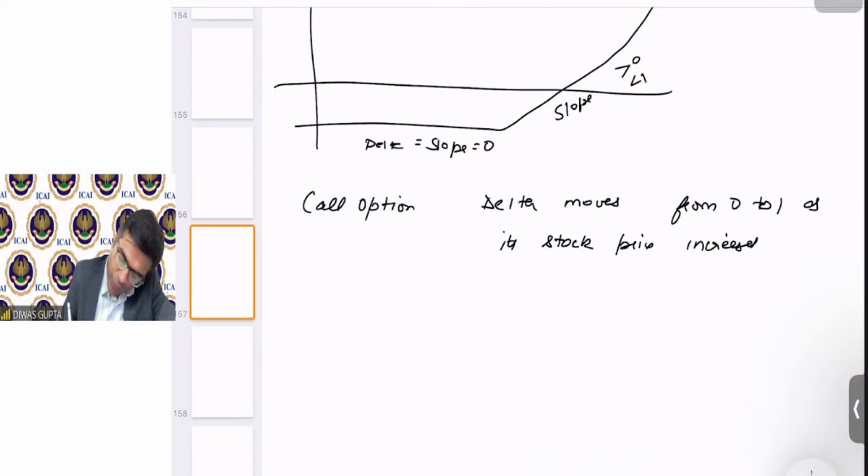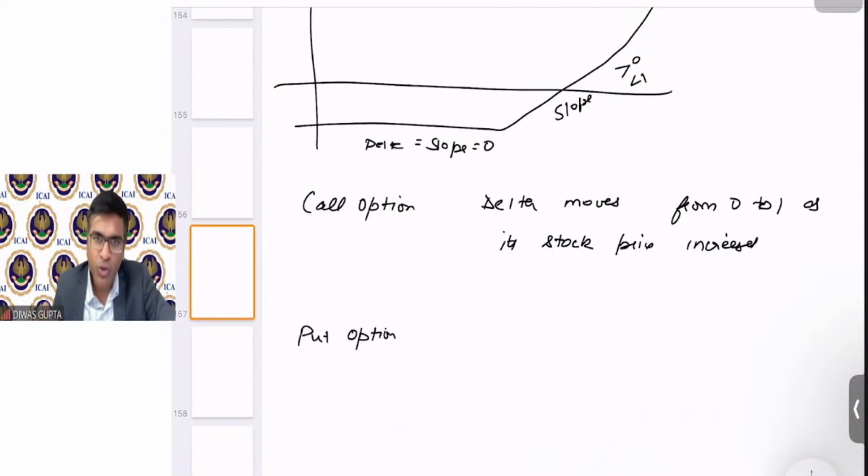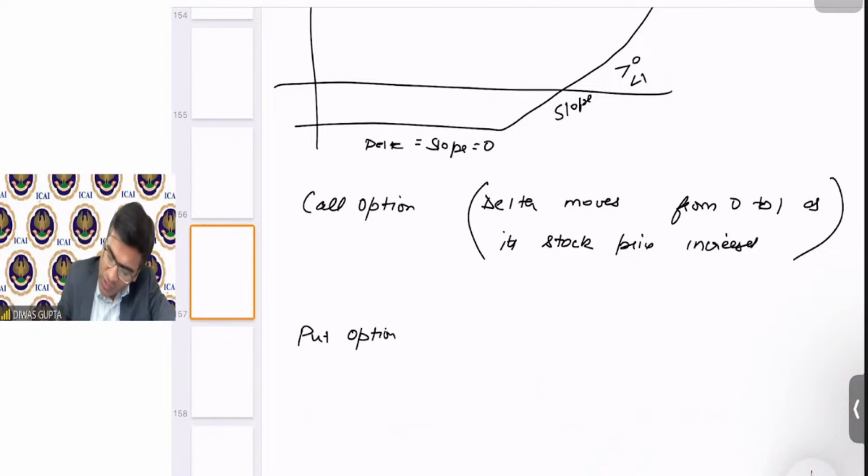For students, please focus here. I'm giving you one question. Okay, so you tell me the answer. So call option, we understood delta moves from 0 to 1 as the stock price increases. In case of a put option, delta moves from 0 to dash. Please tell me what is this dash?